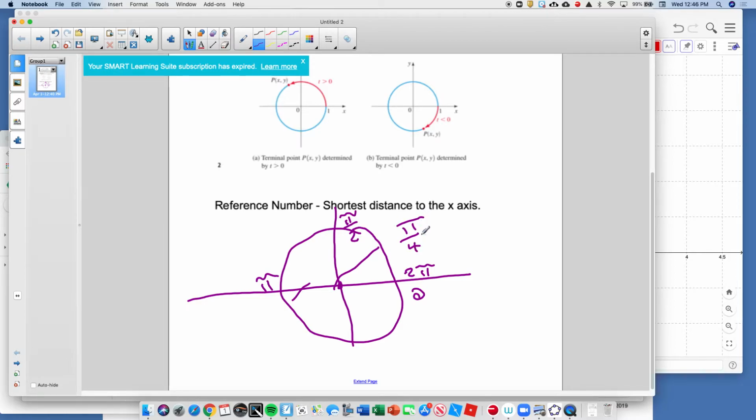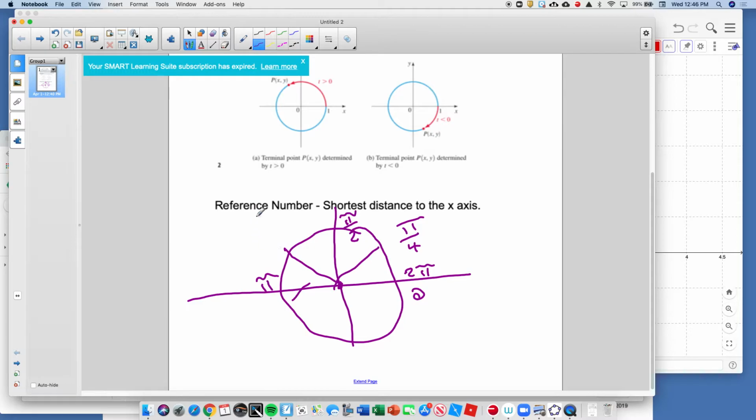And then as we move around, a lot of times we're going to be working with fractions where we move around the circle in, for example, pi's over 4. So for here, this would be pi over 4, and then this would be 2 pi over 4, which reduces to pi over 2.